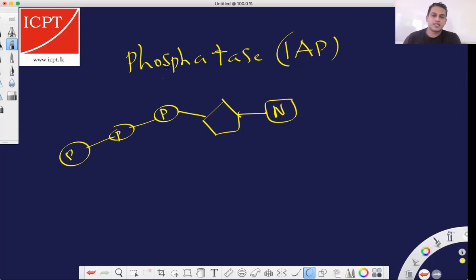So phosphatase can break further these bonds to release the phosphate or phosphate ions from these nucleotides or ATP-like molecules.